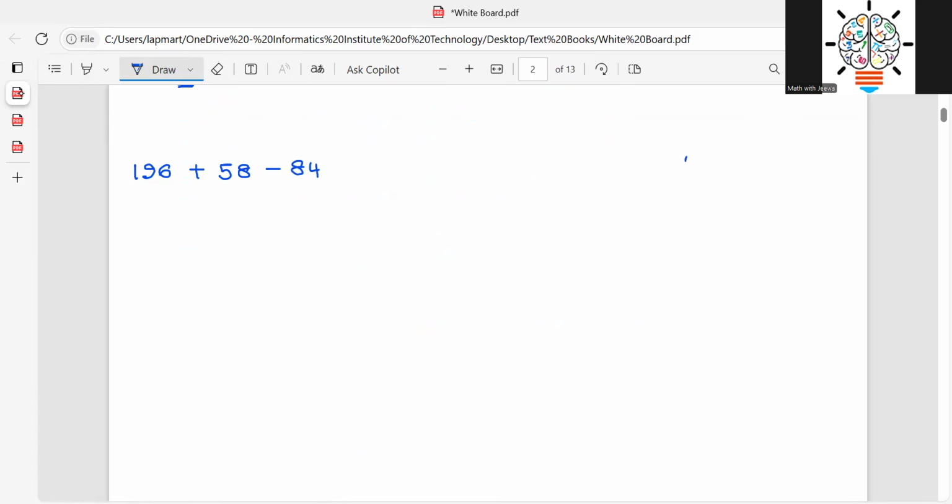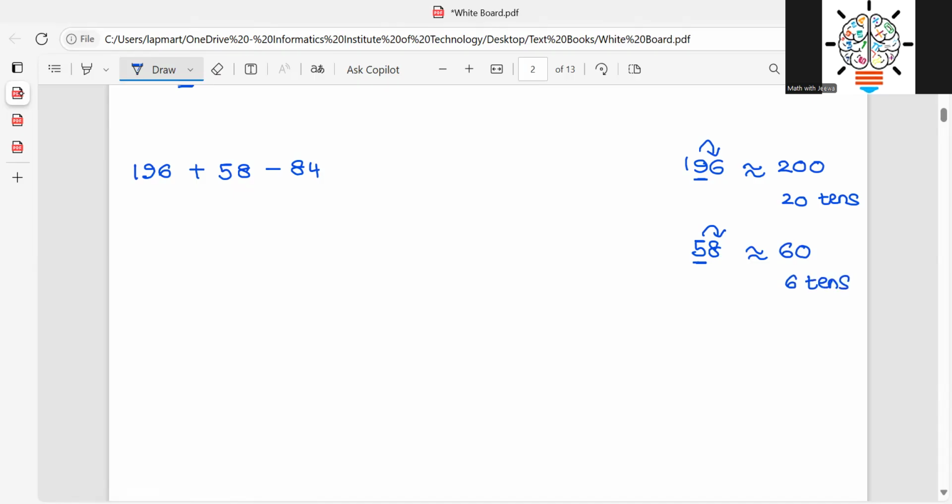First what you do, 196 approximately, you check the tens place, the next number, so that becomes 200, right? So how do you write this? 20 tens. Then the next number we write 58. You underline this, look at the next number. So this becomes 60. So that means 6 tens.